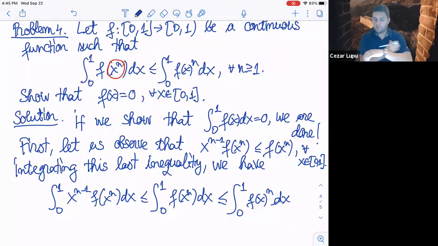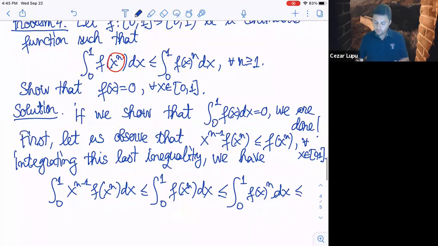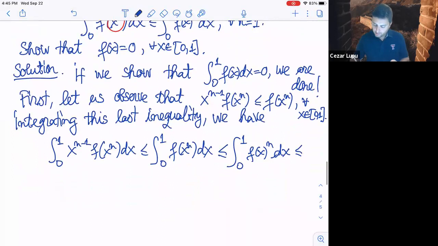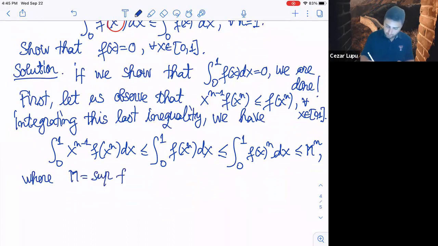And of course, since f is continuous on a compact interval, it's bounded, and moreover it attains its bound. So this will be less or equal than m to the power n, where m is nothing else than the supremum of f.